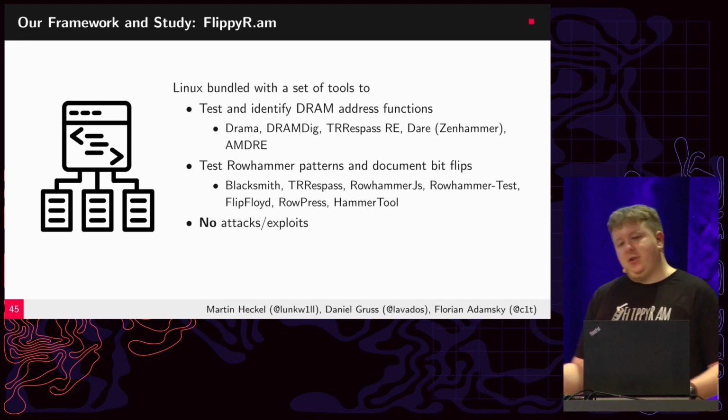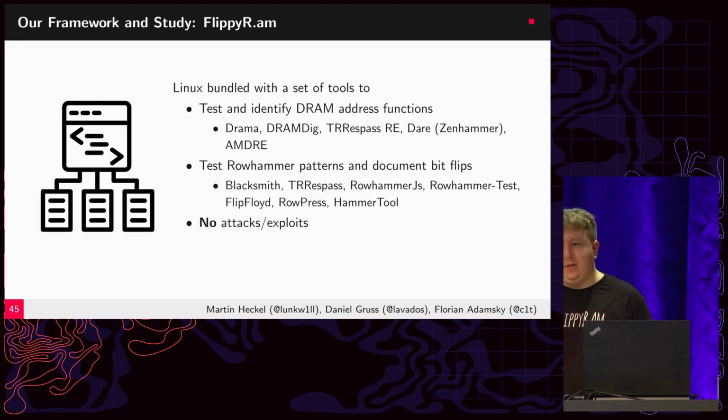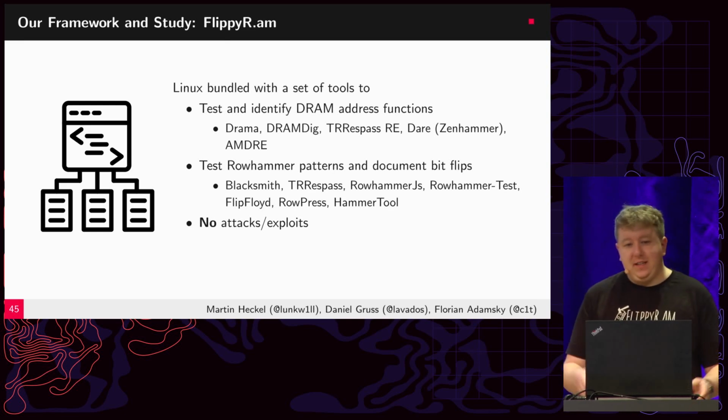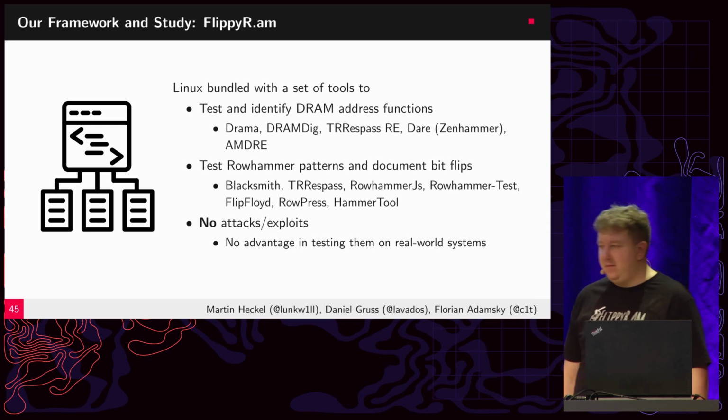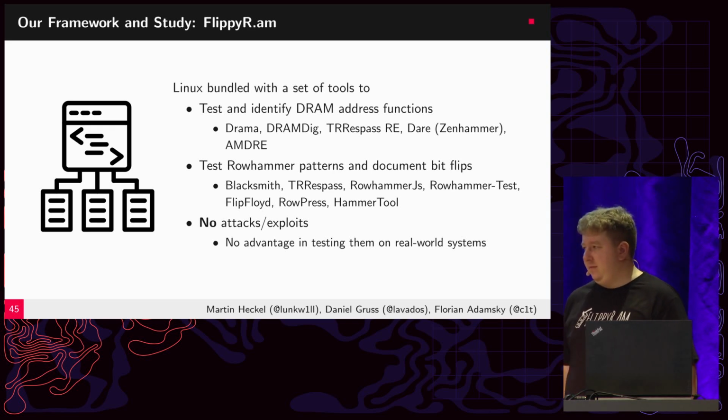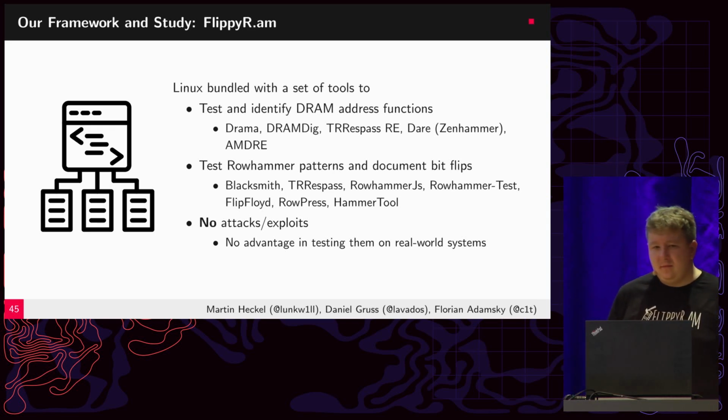But we don't actually execute any attacks or exploits, so we just measure if bits flip and monitor this. Right. So yeah, we wouldn't have any advantage of testing the exploit chain on a real system because that's not interesting. The interesting part is testing whether the Rowhammer effect even works because that tells us something about the prevalence.